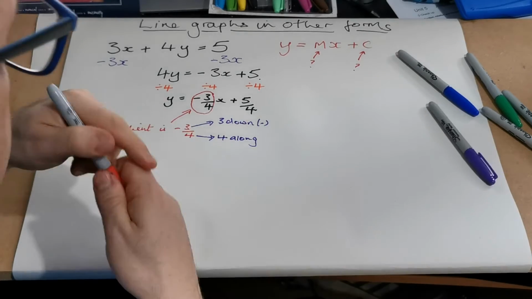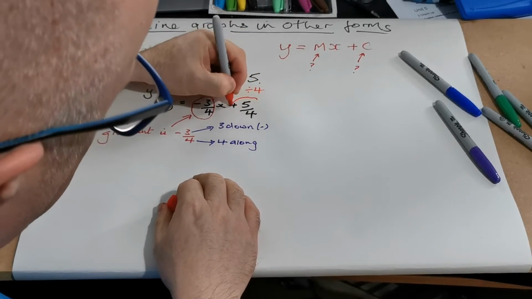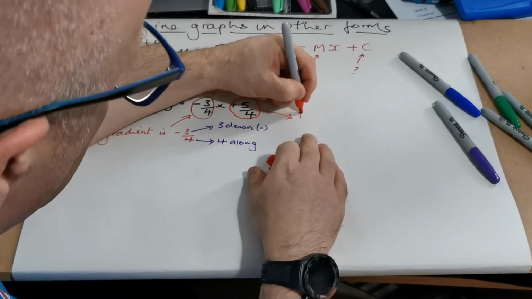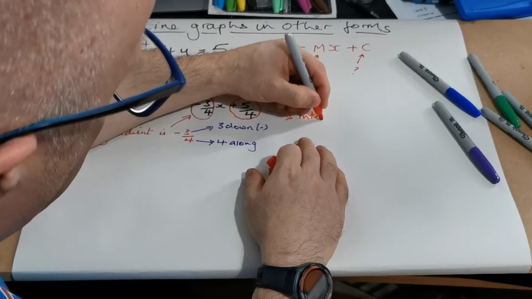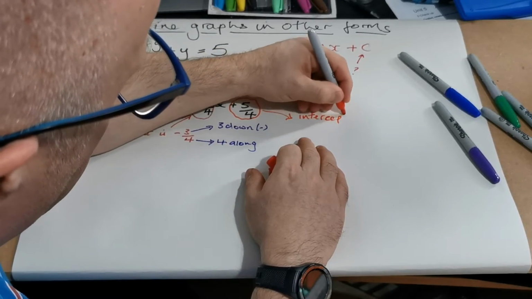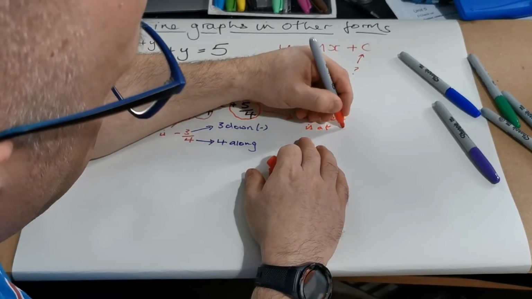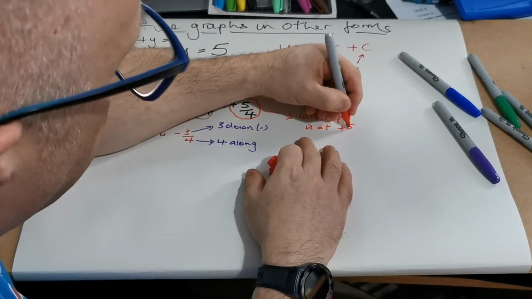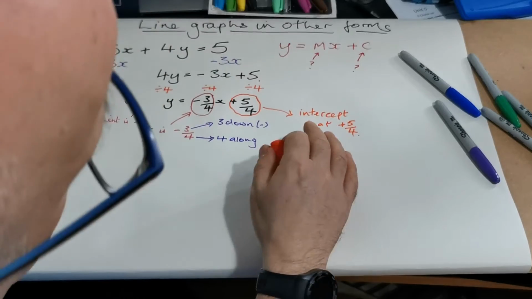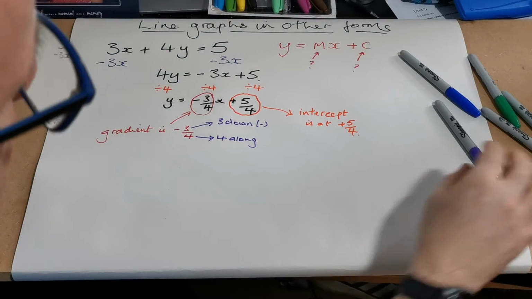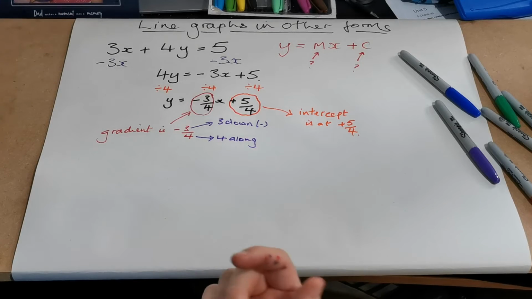And my y-intercept is at positive 5 over 4. We don't need to put the positive there, but I think it's something that we should get into the habit of doing, because when it comes out as a negative, then we know where we are.